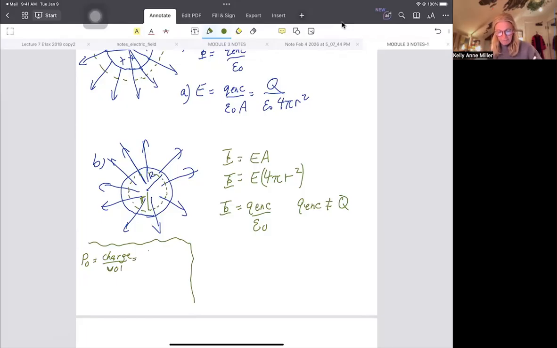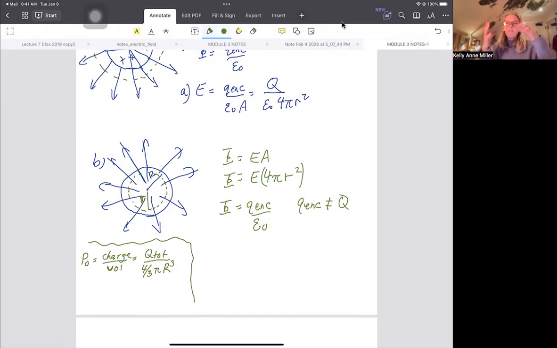In the total sphere, the total charge is just uppercase Q, and the volume of a sphere, I don't know if you remember this from middle school, is 4/3 pi R cubed, where I'm using a capital R to signify the whole sphere. So it's the total charge divided by the volume of the total sphere.